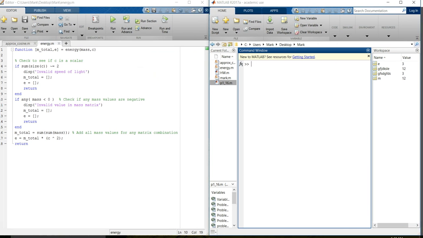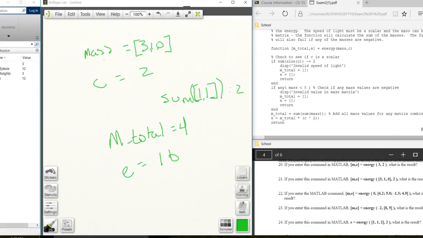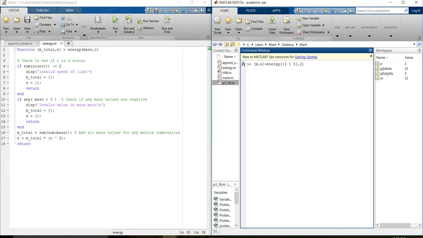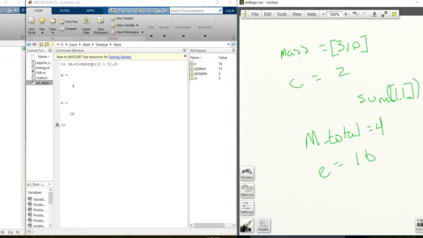And if we come over here, we can just change these values to 3, 1, and 0, I believe, and 2. And I said it was going to be 4 and 16. M is equal to 4, E is equal to 16.